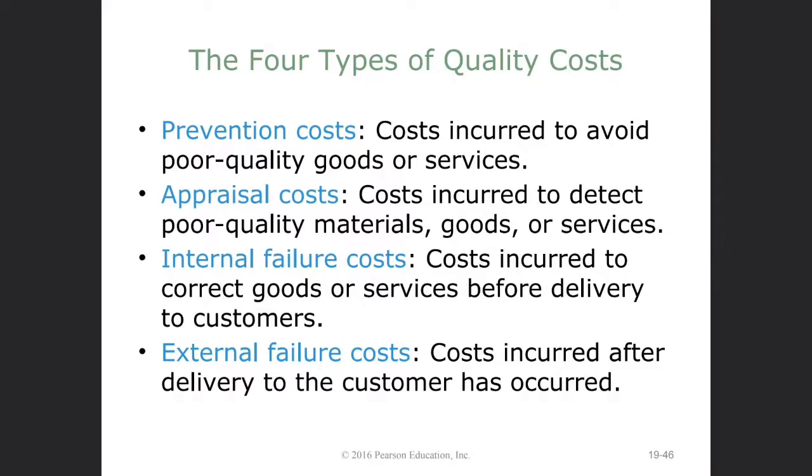Four types of quality cost are prevention cost, appraisal cost, internal failure cost, and external failure cost. So can you give me an idea of a prevention cost? What would be a good prevention cost?